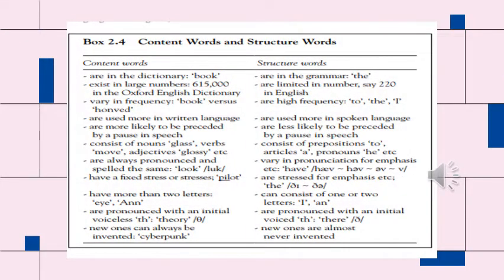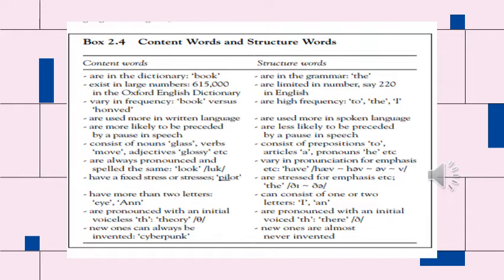Are you still confused and cannot tell the fine line between content words and structure words? Let's go over this quickly. Content words are found in the dictionary. Structure words are in the grammar books.